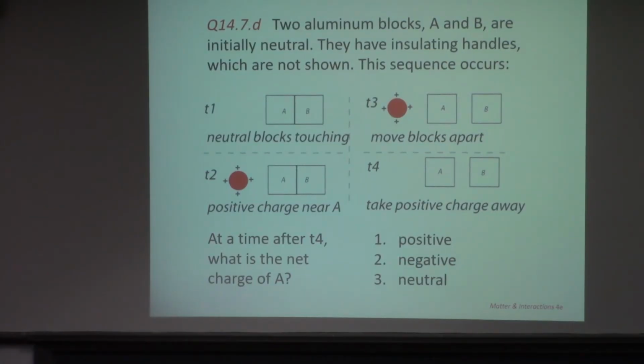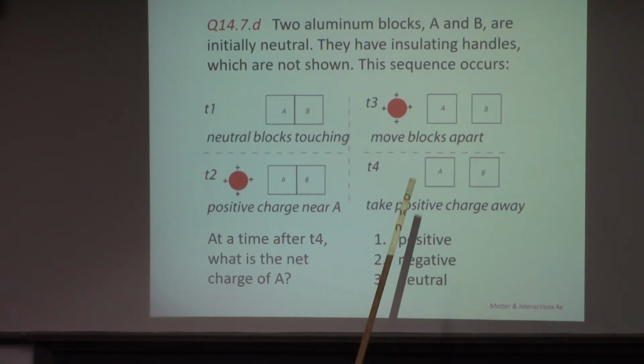Everything's boring. Then we bring a positively charged object, like a positively charged invisible tape, over here. We don't touch the blocks. We just leave it here. Now think about what's happening here. Then we leave this positive charge here, but we use insulating rubber gloves to move the blocks apart.